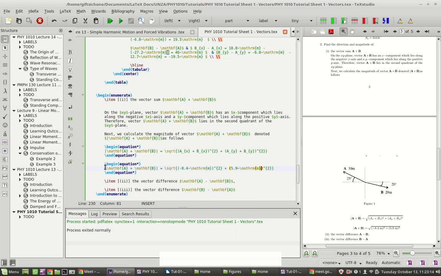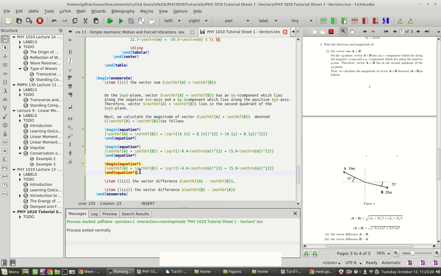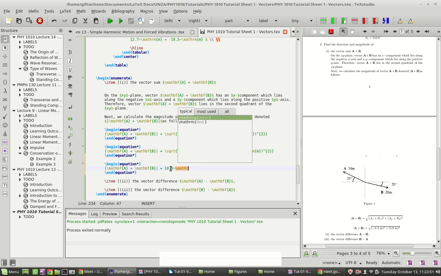Can someone do the whole calculation and give us the size? You don't have a lot of time. What do we get after you square root everything? 10.3 meters.